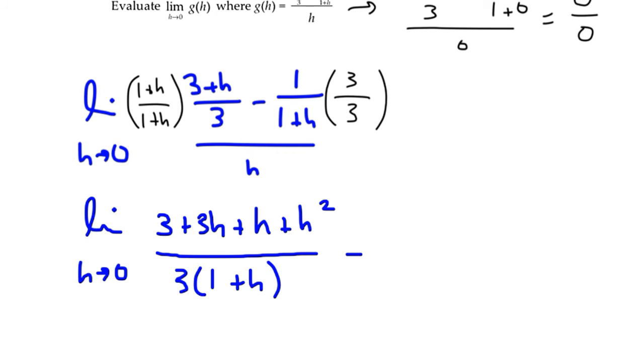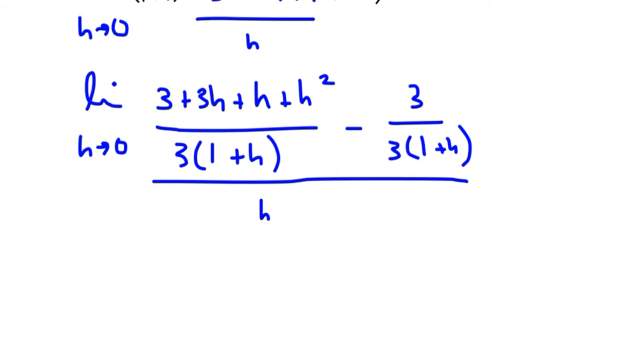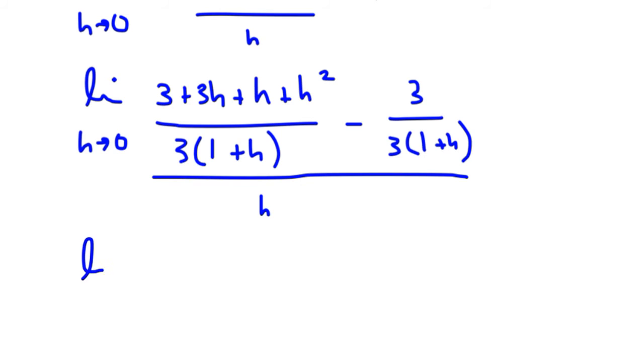This is then going to be minus what? Well, this guy's not too bad. It's 3 all over, again, that same ugly 3 times 1 plus h. And if we recall, the whole darn thing is over h. All right, so what we're going to do now is hopefully get rid of some stuff. Let's keep on going. The limit as h approaches 0 of what? Well, if we combine the tops on top, ironically, we're going to get 3 minus 3.